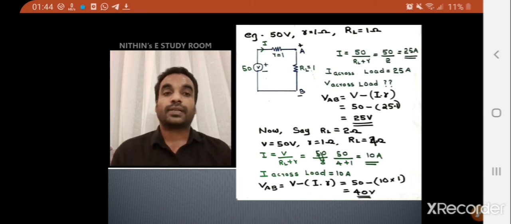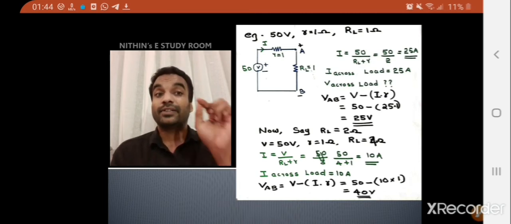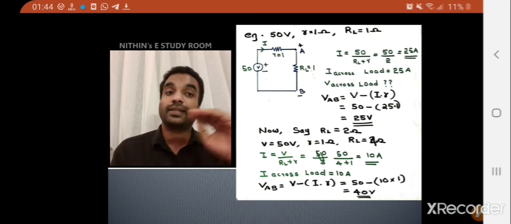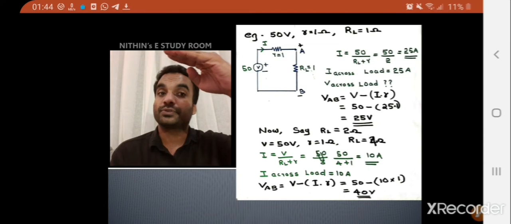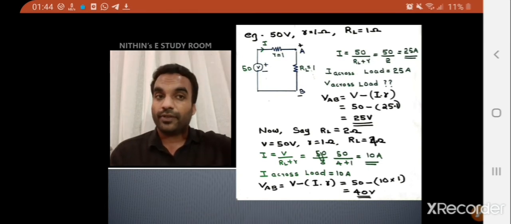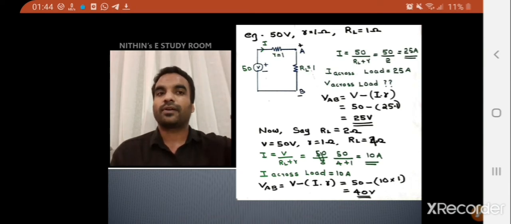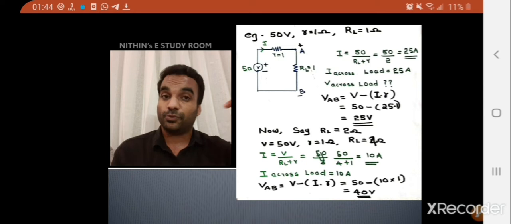Now with a current of 10 ampere, we get a voltage of 40 volt. That means with small current, the voltage was somewhat higher. When the current increases, the voltage reduces to 25. Previously, with 10 ampere, voltage was 40. With 25 ampere, now the voltage is 25.